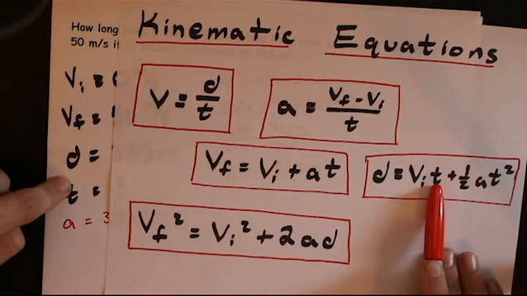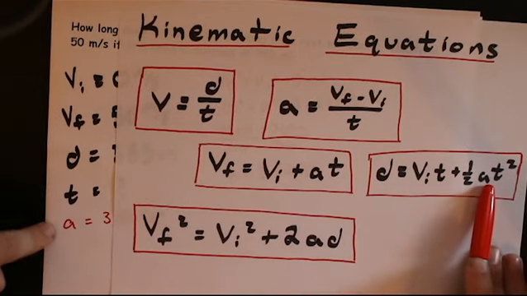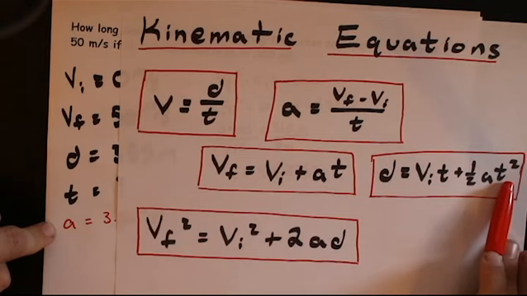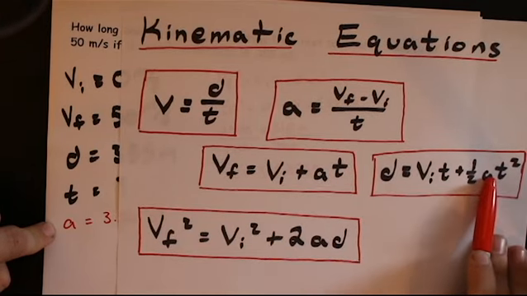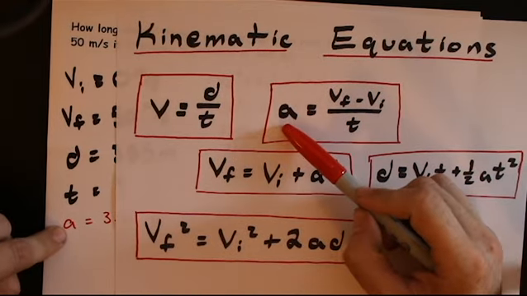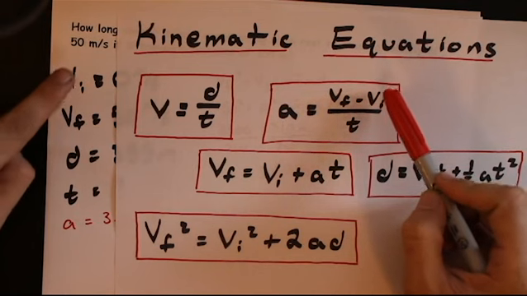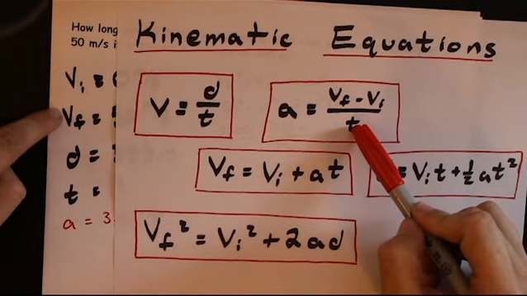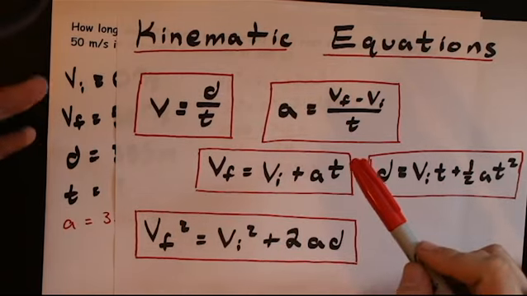Time, we don't know that, but that's fine. One half, if we know the acceleration, and then we can solve for time here. So this is another option. Let's look at this one. Now that we know the acceleration, and we know the final velocity and the initial velocity, we can then solve for time. So there's more than one equation I can use.